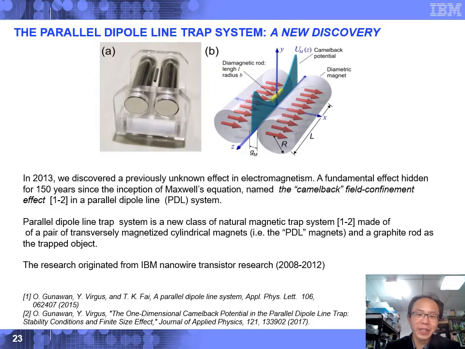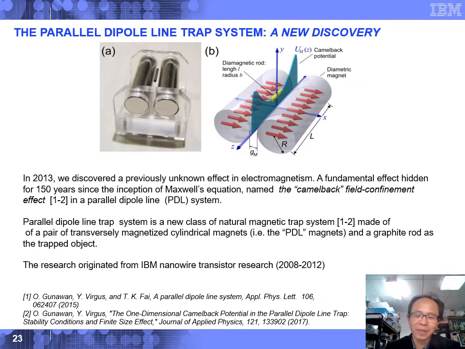The PDL system comes from another area of research, which is research on magnetic traps. A parallel dipole line system is essentially a magnetic trap system consisting of two magnets with transverse magnetization, meaning that the poles of the magnets are on the curved side rather than on the flat side.